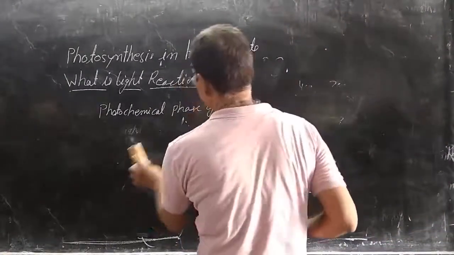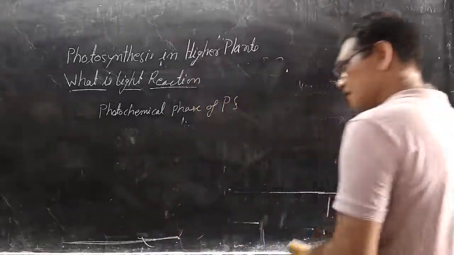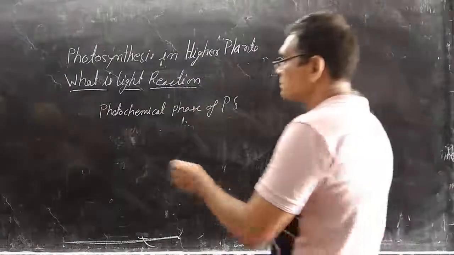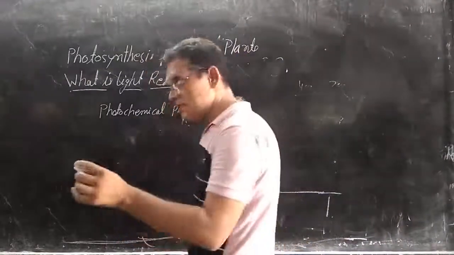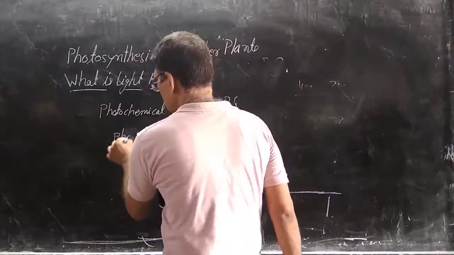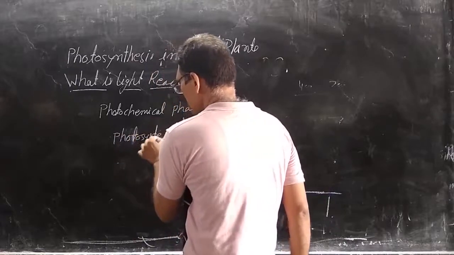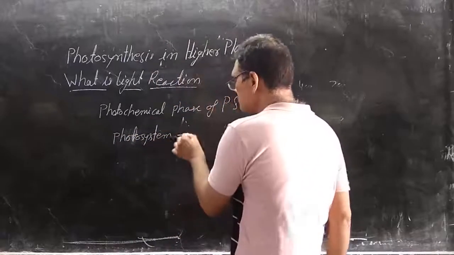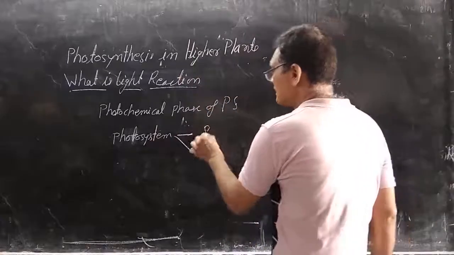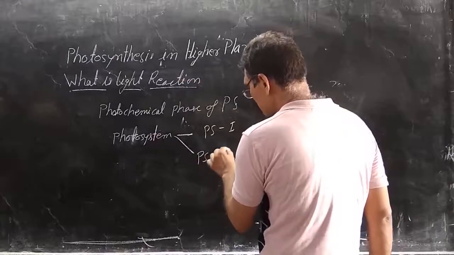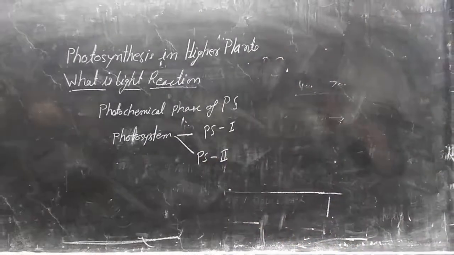The photochemical phase is made up of different types of systems, which are known as photosystems. The photosystems are of two types. One is PS first, photosystem first, another is PS second, photosystem second.